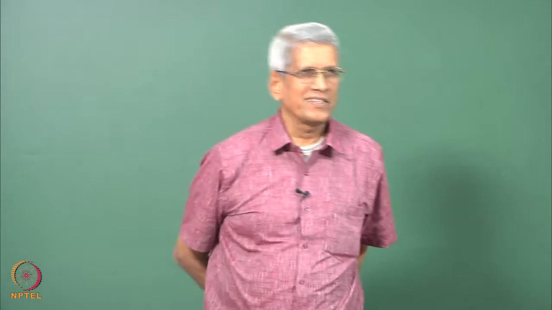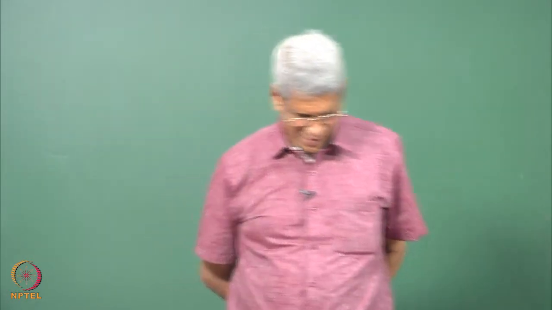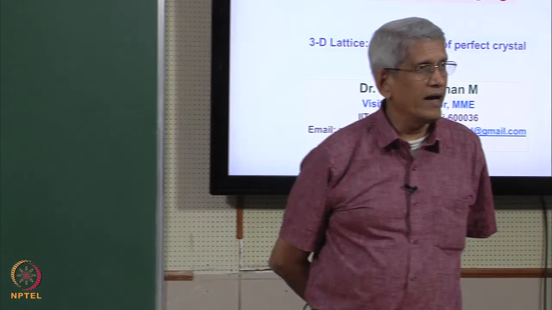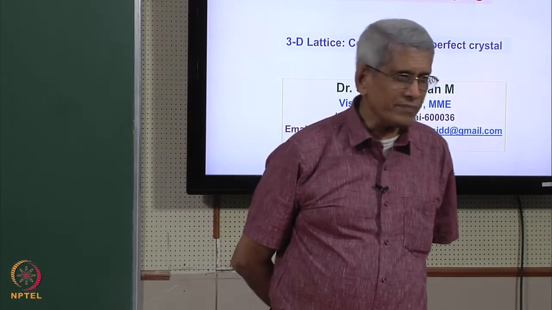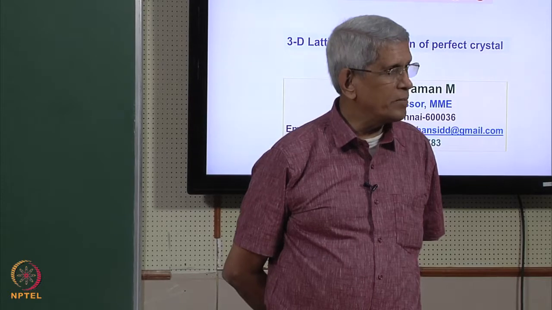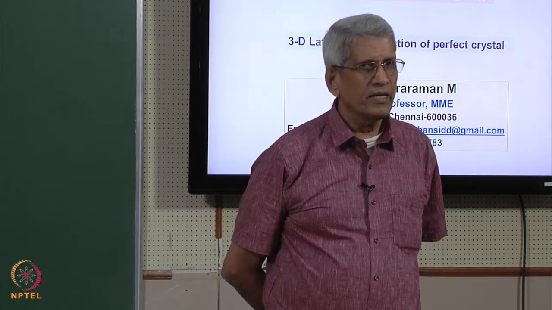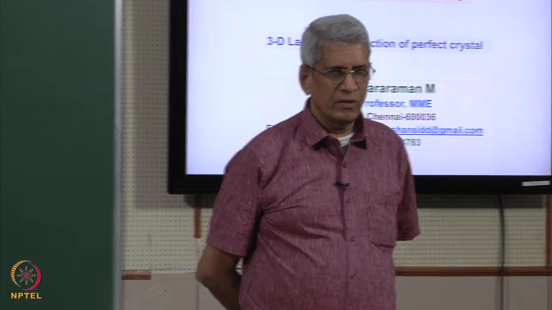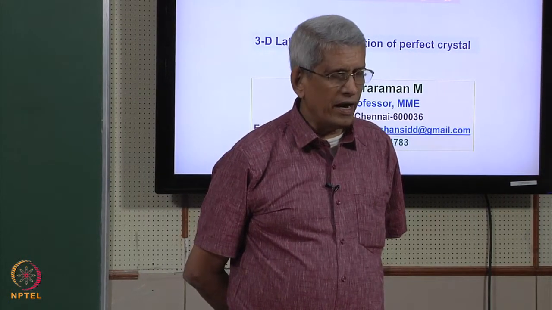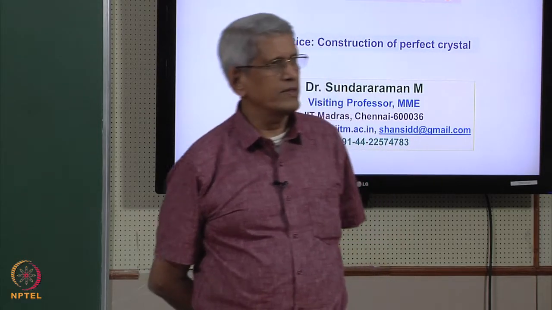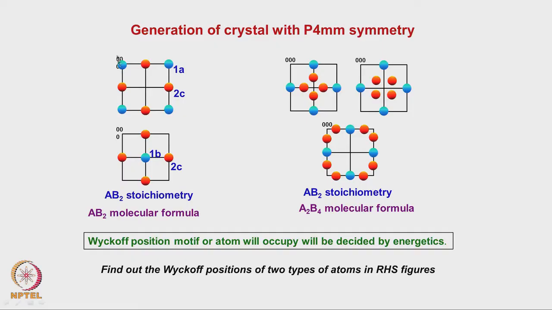In the last class, what did we cover? That is, given the Wyckoff table, how to use it to generate crystals having different stoichiometry, all these things which we considered, correct?